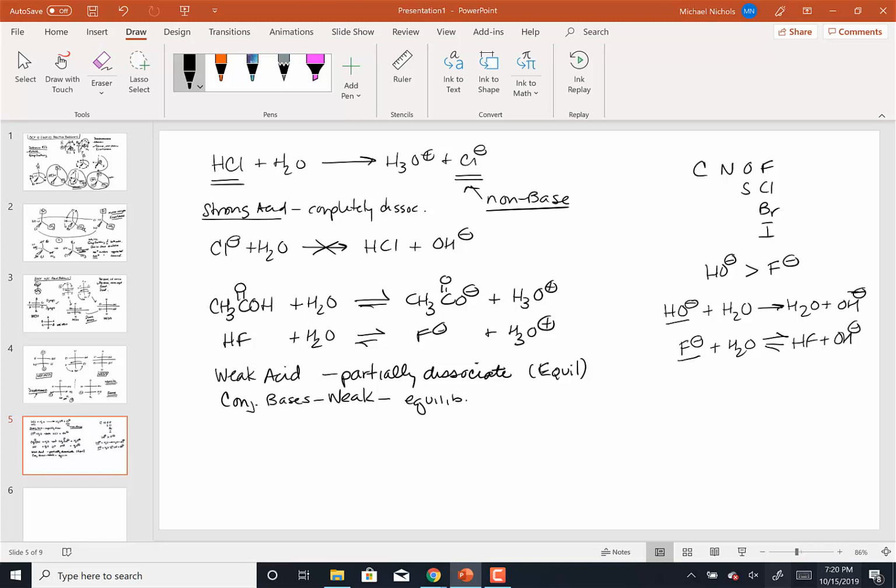So for instance, as I just showed you, if you took F minus and reacted it with water, you would get an equilibrium forming HF and hydroxide.